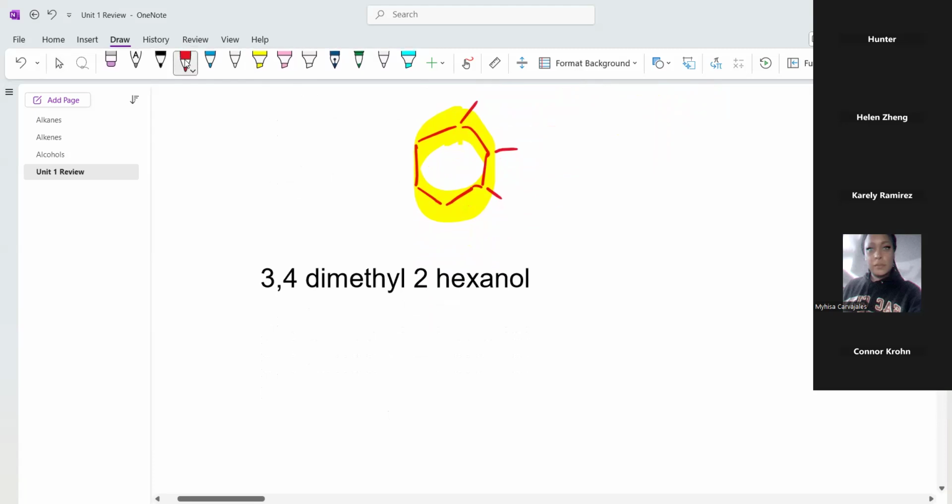A hexanol on carbon number 2. And then we have 3 and 4 methyl branches.